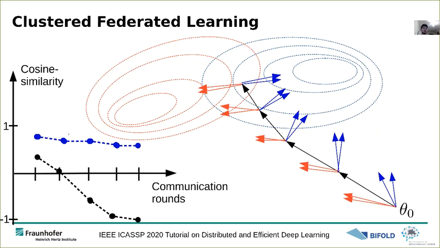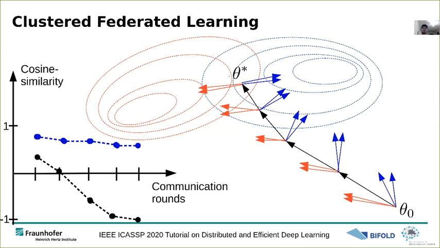During this process, the cosine similarity between clients from the same cluster, say the blue clients or the red clients, stays at a relatively high value throughout, while the cosine similarity between the updates from clients from opposite clusters goes down towards 0.